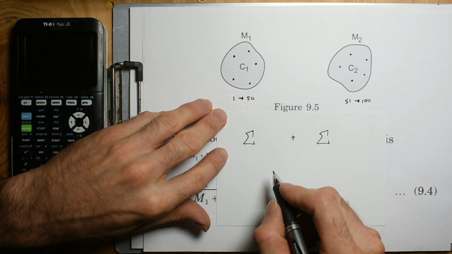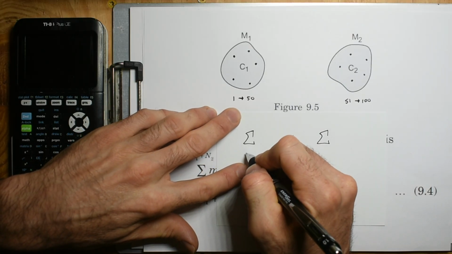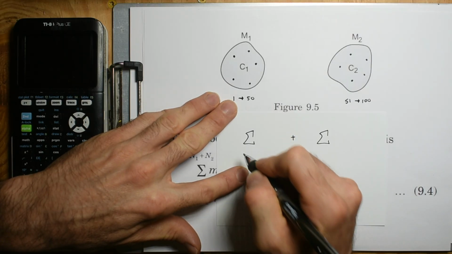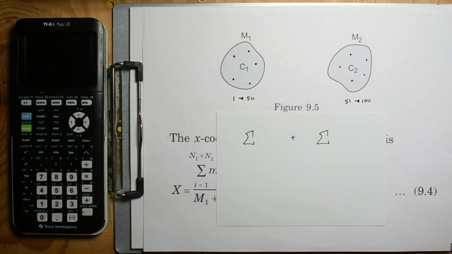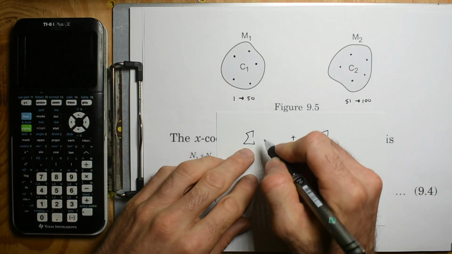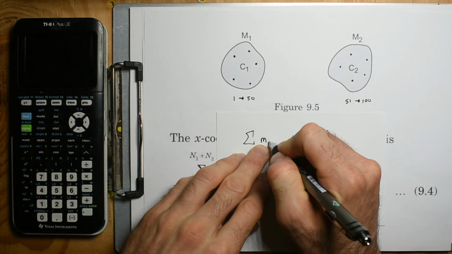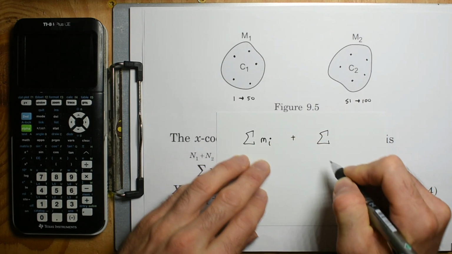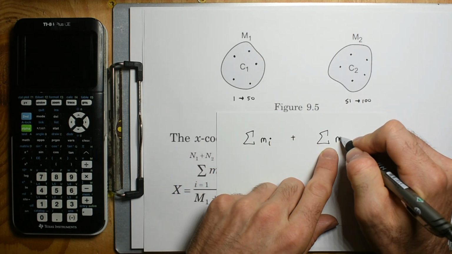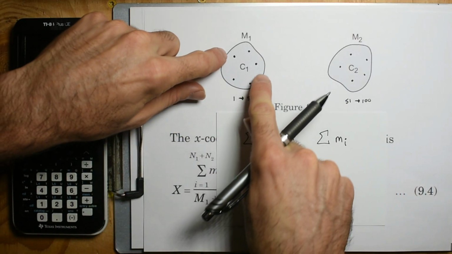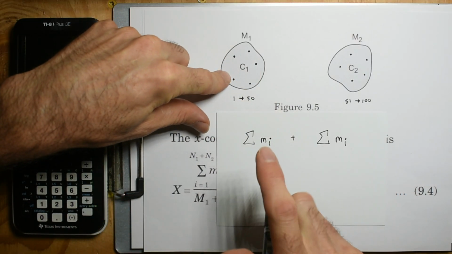Then what they're going to say is that the summation of each of the masses of the individual particles, because the individual particles have mass, so all of these are mi.